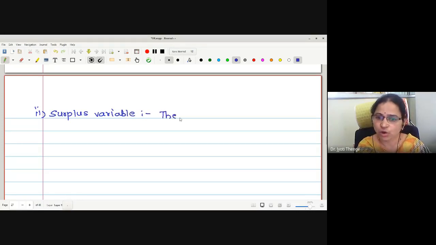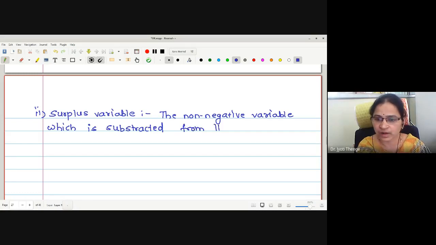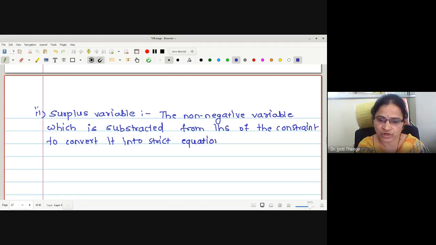The definition: a surplus variable is a non-negative variable which is subtracted from the left hand side of the constraint to convert it into a strict equation.